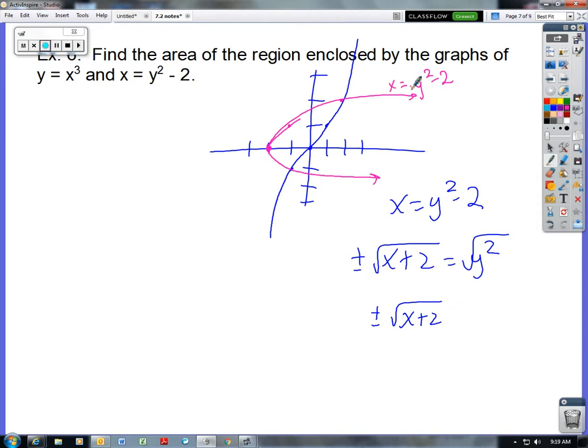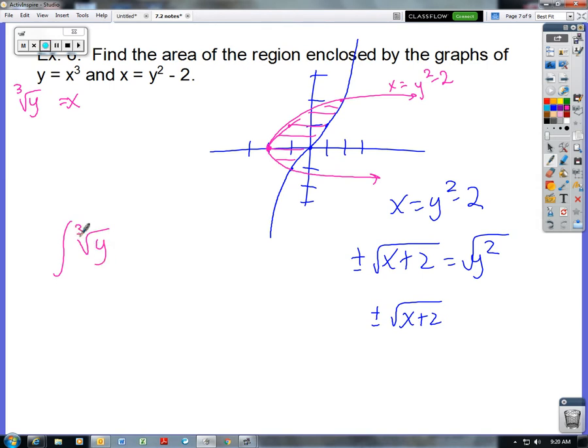We're going to be using horizontal rectangles. We're not actually finding the rectangles because we're going to do integration. So you're going to do the right-hand curve, which is x cubed. However, if you noticed on that last slide, it's in terms of y. So we have to solve this for y. So it's really the cube root of y.